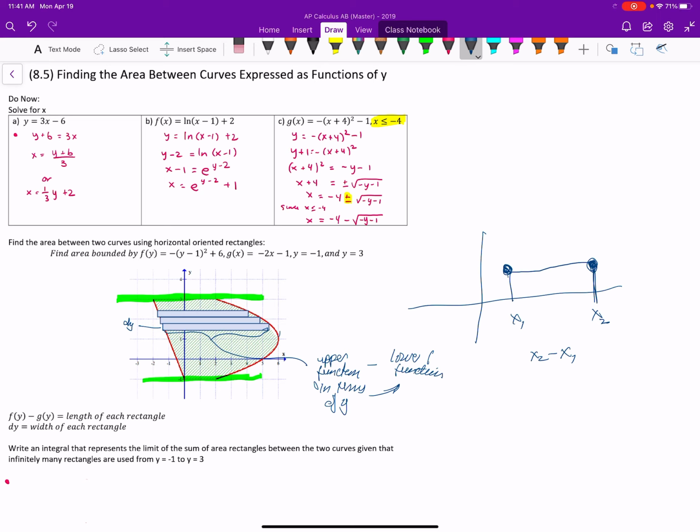Well, to find the x coordinate of the upper and the x coordinate of the lower, I would then need to solve for x, which would then be in terms of y. So it sounds a little counterintuitive, but the reason why the whole thing is in terms of y is because we're solving for x so that we take the upper x minus the lower x.